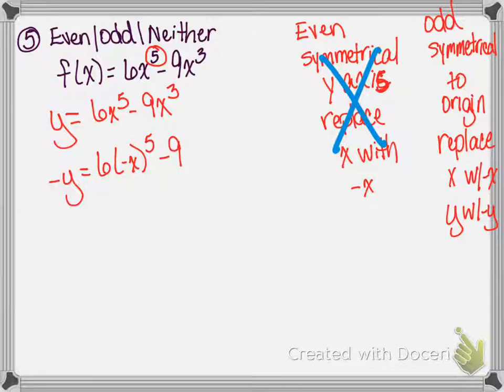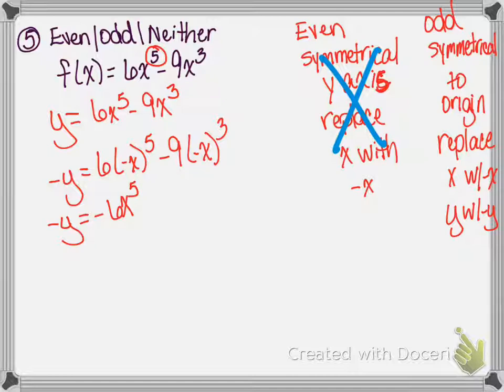And when I simplify negative to the 5th power, I get a negative. So this is going to be rewritten as negative 6x to the 5th. When I take a negative to the 3rd power, I also get a negative.